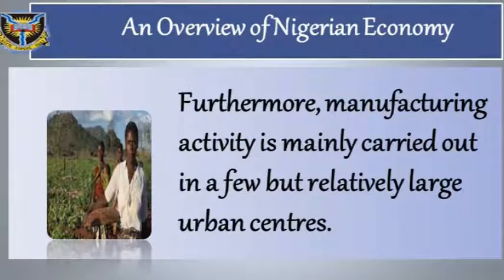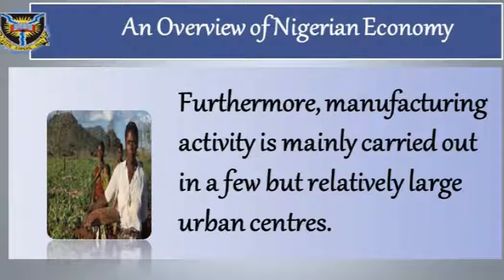Furthermore, manufacturing activity is mainly carried out in a few but relatively large urban centers. These centers include Lagos, Port Harcourt in Rivers State, Aba in Abia State, Onitsha in Anambra State, Enugu in Enugu State, and Owerri in Imo State.